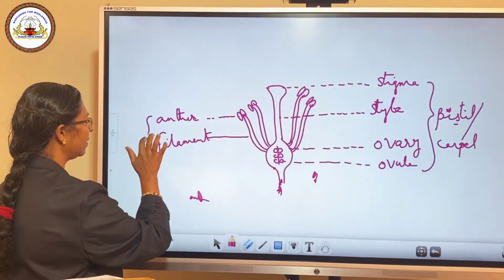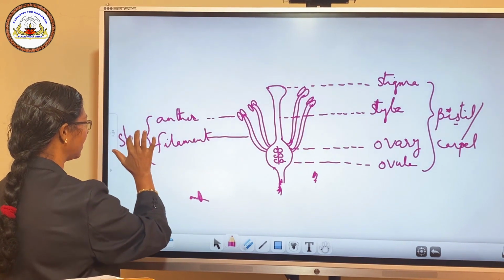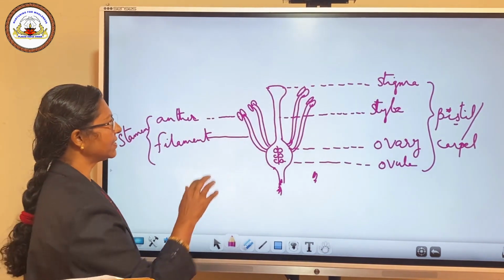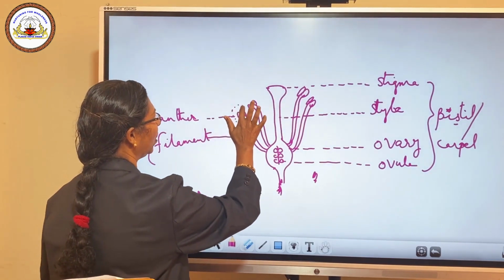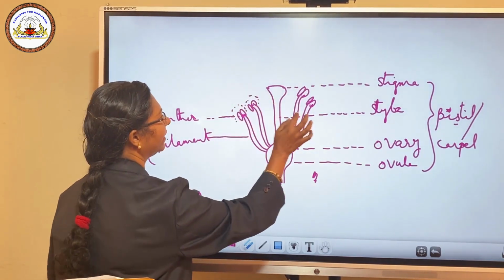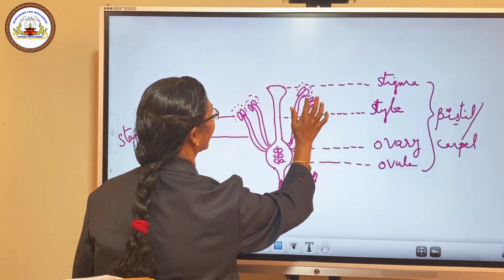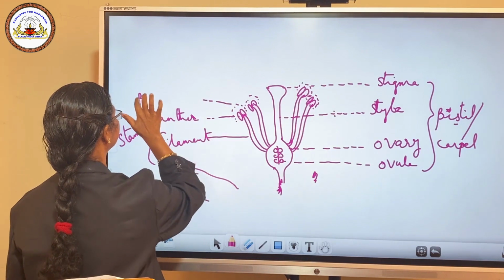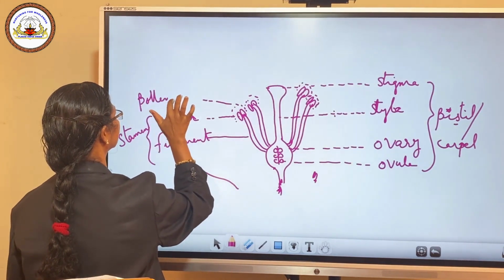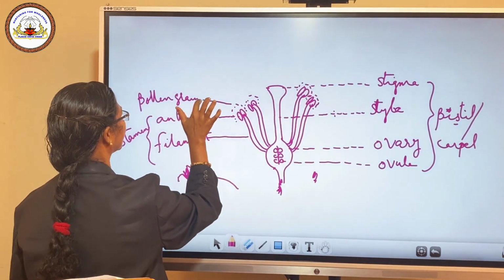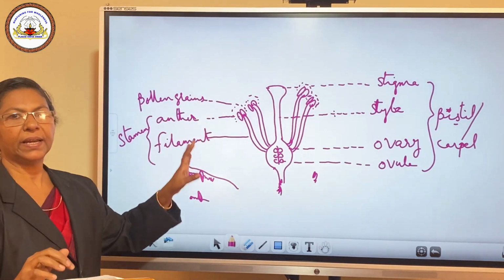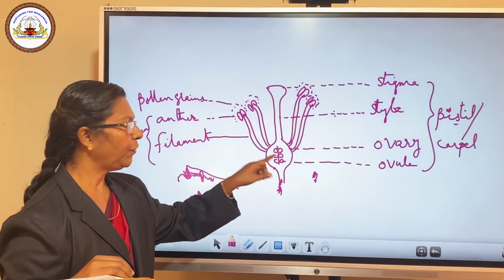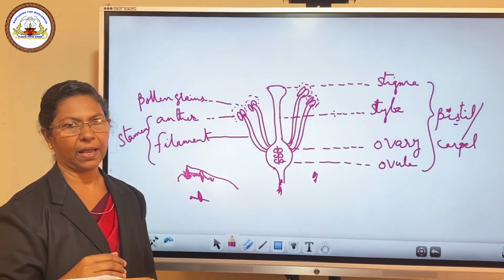So these are the parts of a stamen, anther and filament. On this stamen we can see certain yellow colored dust-like structures, and these are all pollen grains. And this pollen grain is the male gamete, and the ovule is the female gamete.